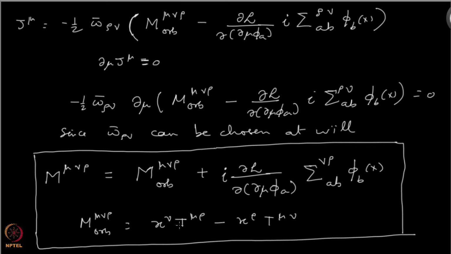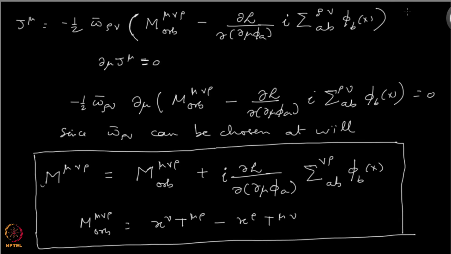Now what? Maybe I should remark, it is the del mu of this entire thing which is vanishing. So del mu of only this piece is going to be 0 on its own unless it is a scalar field. In general, you have to take the del mu of the entire thing and then only put it equal to 0. Let's see if I have more. Yeah, I have more to say.